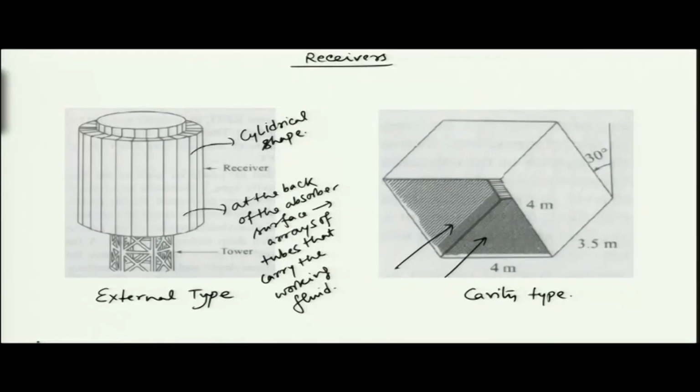Okay. And another kind we can have, which is now getting developed, is called volumetric receivers.